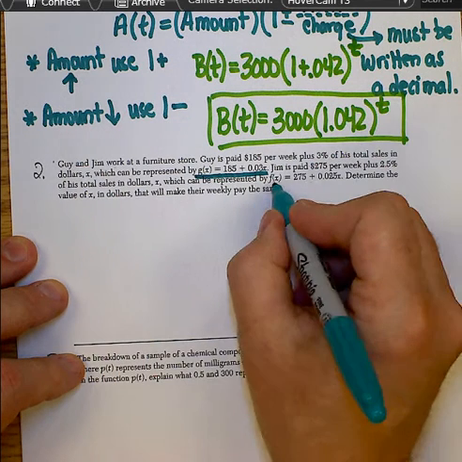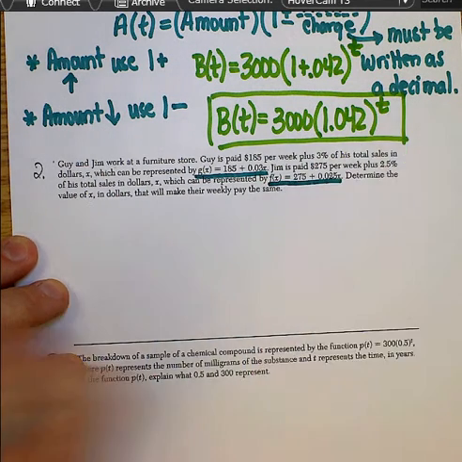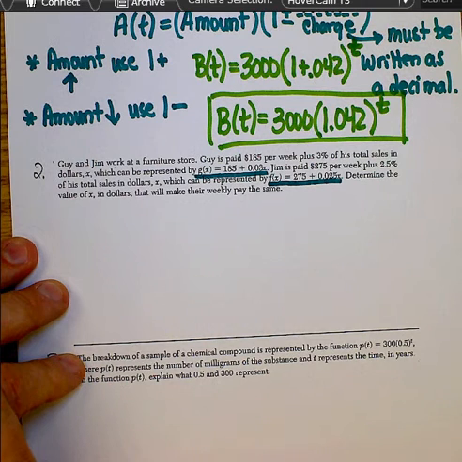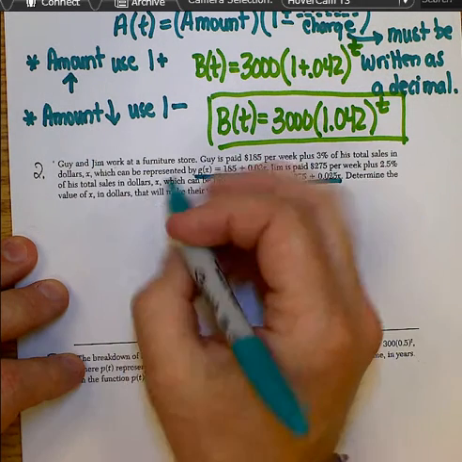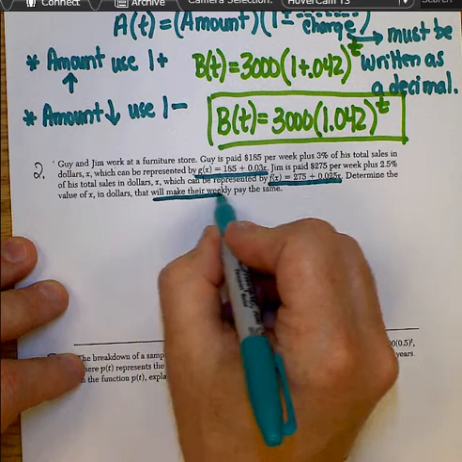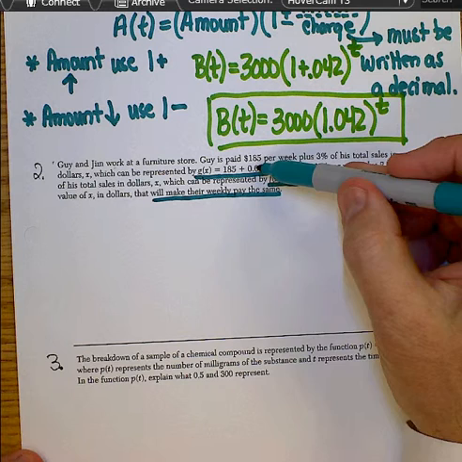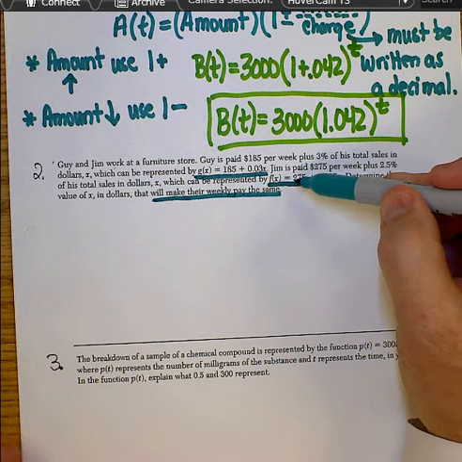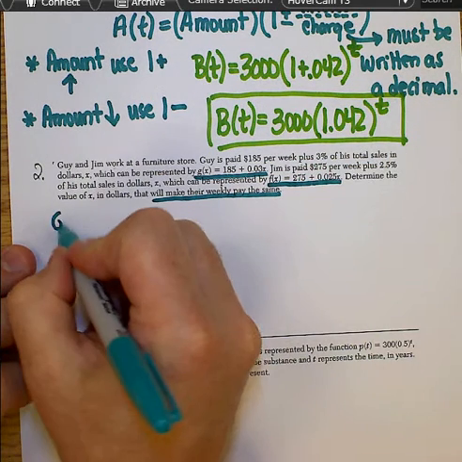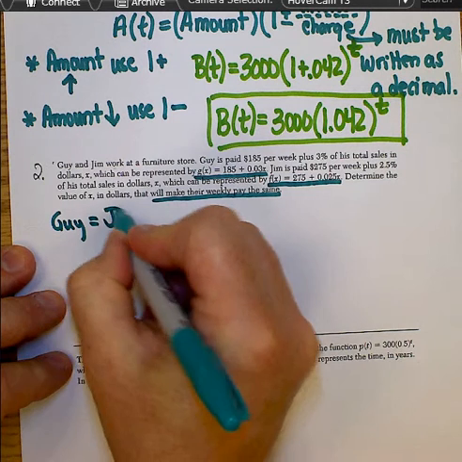And this is represented by, well, guess what? We know that. Determine the value of x in dollars that will make their weekly pay the same. So we want their weekly pay the same. This here represents their weekly pay. So what we want is we want Guy basically to equal Jim.